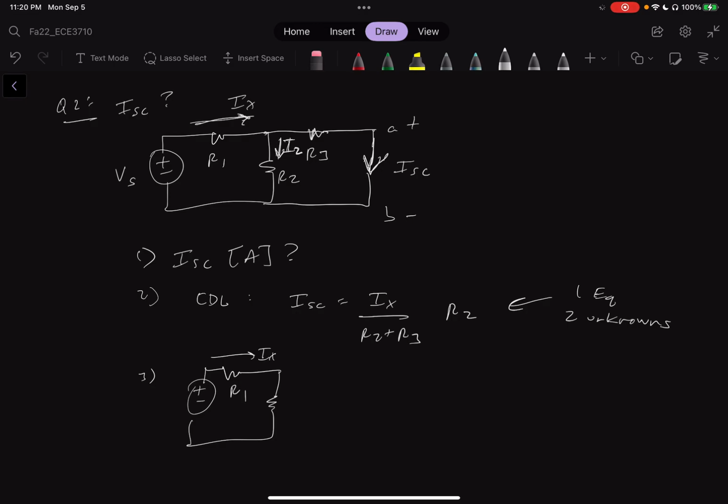Yes. You notice that R2 is in parallel to R3 because you've implemented this short circuit current. So, you can even simplify it further so that you now have just one resistor.